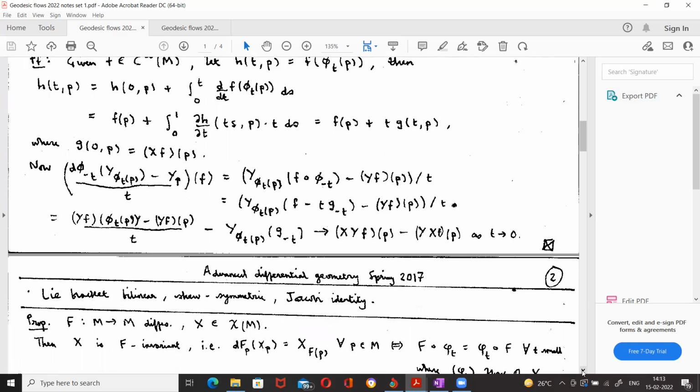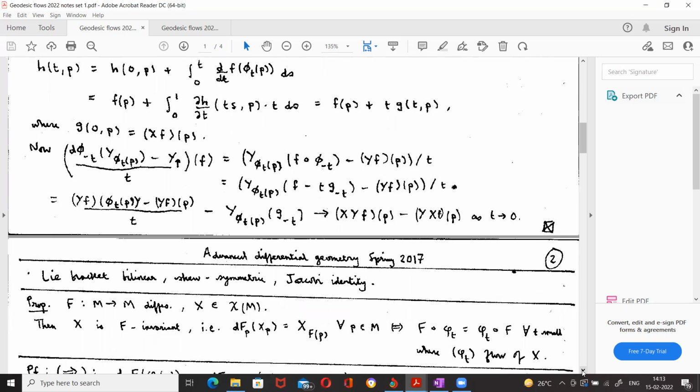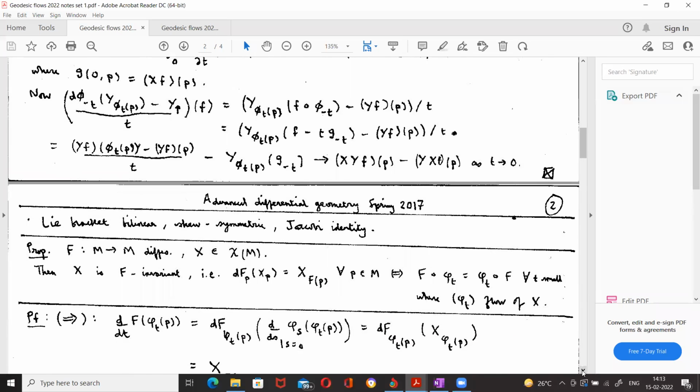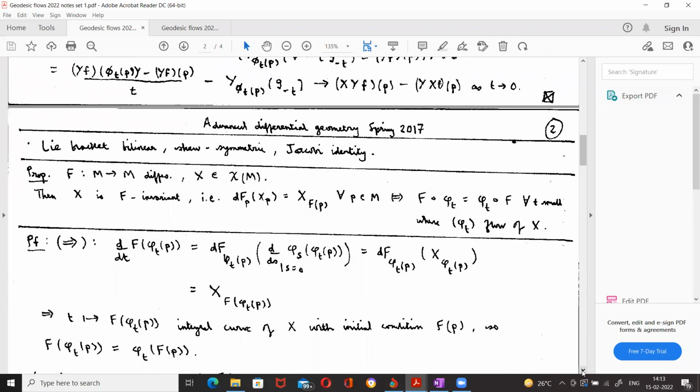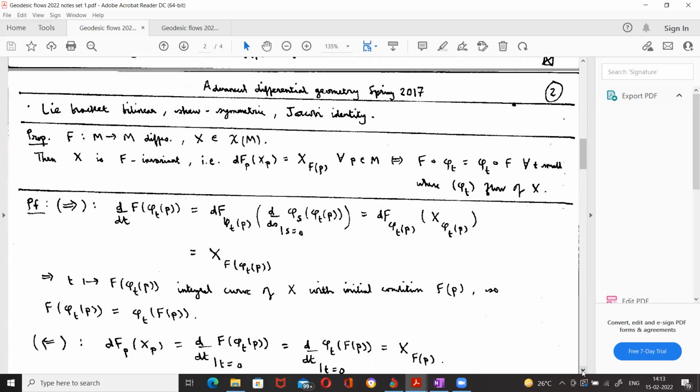Okay, so I think one of you mentioned last time, what happens if the Lie derivative is 0? We'll see that amounts to saying that the flows of x and y commute. We'll come to the proof of that. So first, let's look at a vector field which is invariant under a diffeomorphism of the manifold.